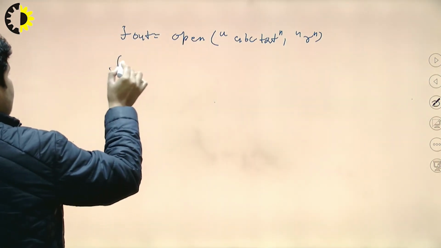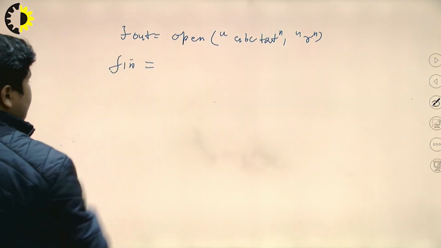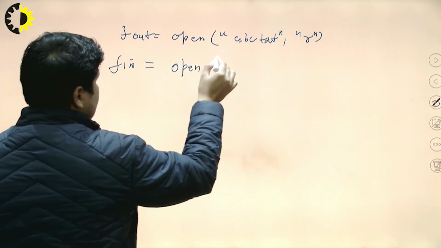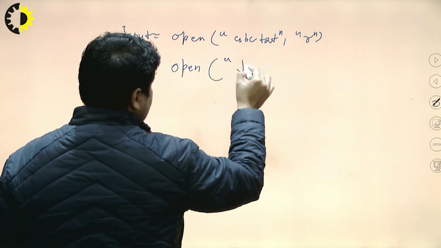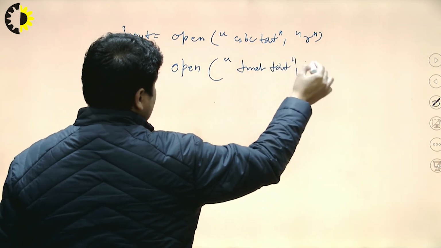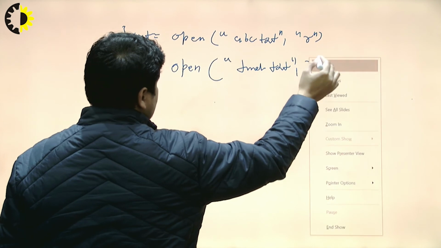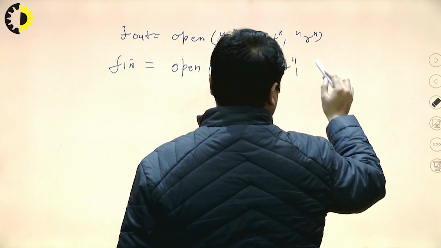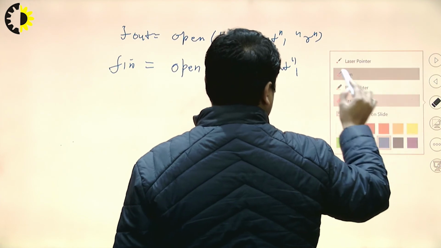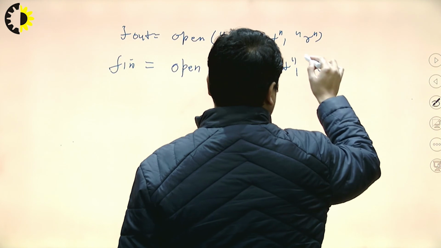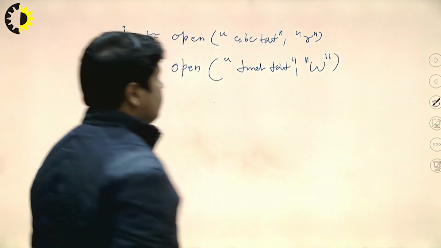Then I open a second file, open final.txt, comma, writing mode.